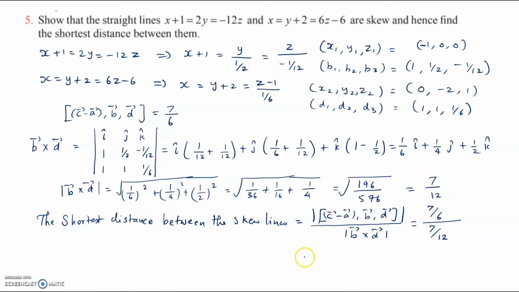So simplifying this, 7 by 6 into 12 by 7, which is equal to 2 units. That's the answer.